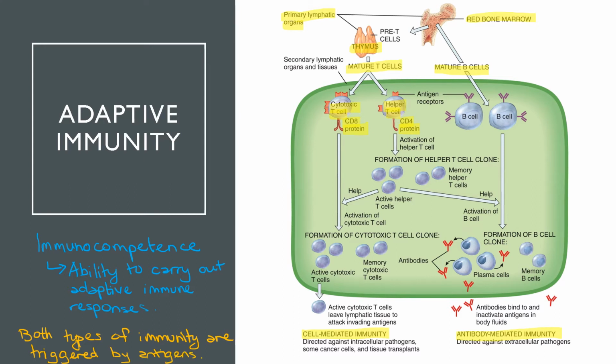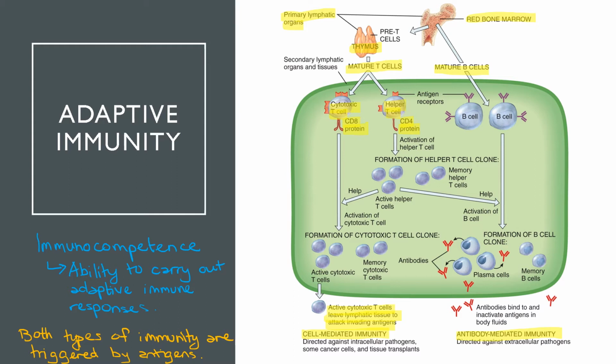In cell-mediated immunity, this left column here, this is where cytotoxic T cells directly attack invading antigens. So this is kind of our end product. These activated cytotoxic T cells will directly attack invading antigens.